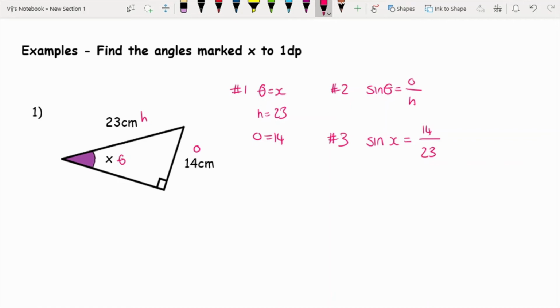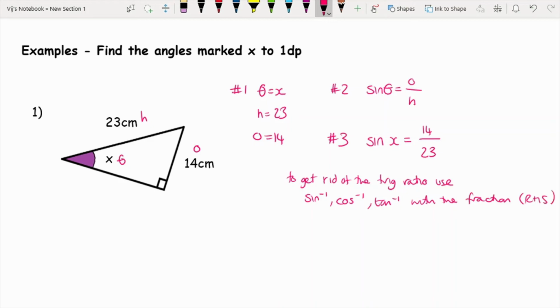Now at this stage, to get rid of the trig ratio, we use the inverse function, so sine minus 1, cos minus 1, tan minus 1 with the fraction, or in other words the right hand side.